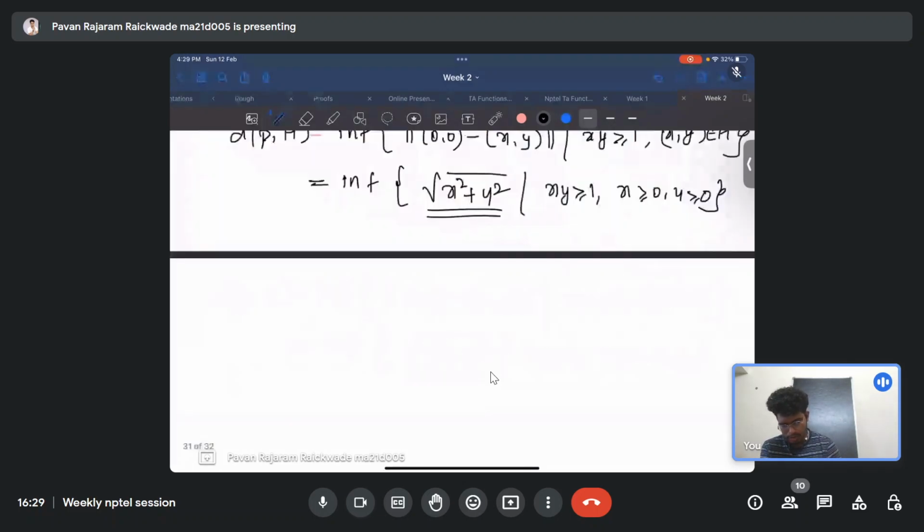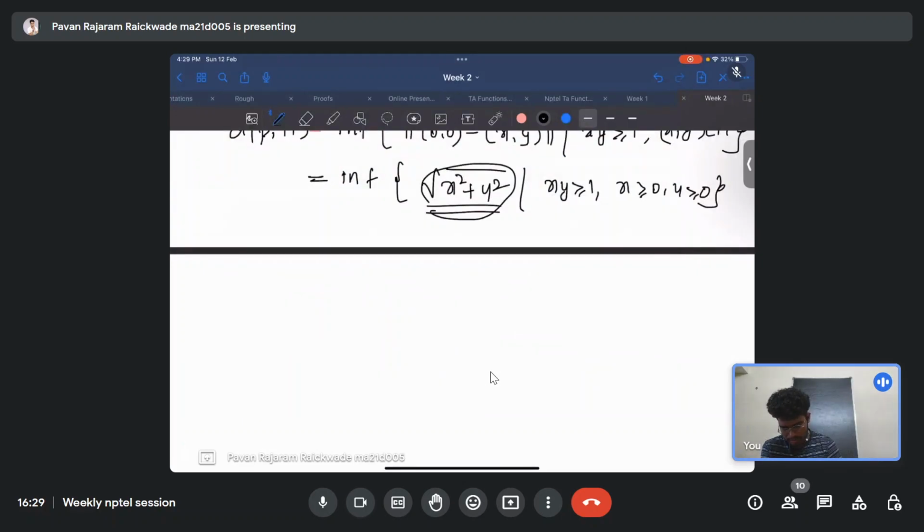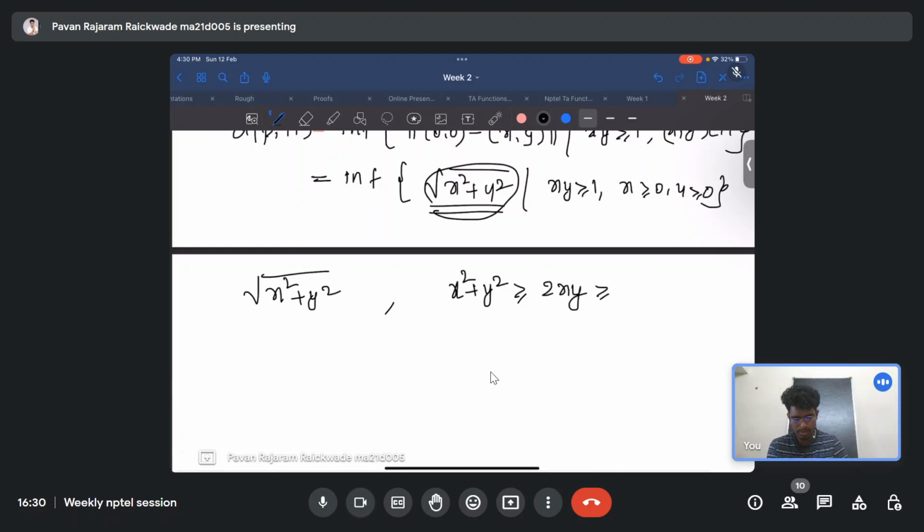We have to minimize the square root of x squared plus y squared. What we know already is x squared plus y squared is greater than or equal to 2xy, by the basic (x minus y) whole squared thing. For our set, xy is greater than or equal to 1, so this is greater than or equal to 2. So the lower bound of the square root of x squared plus y squared is root 2.